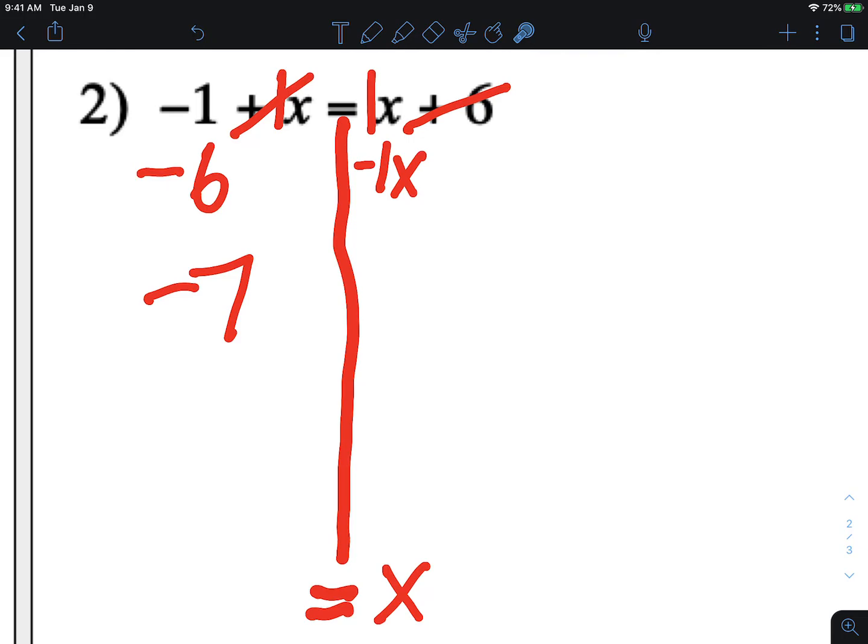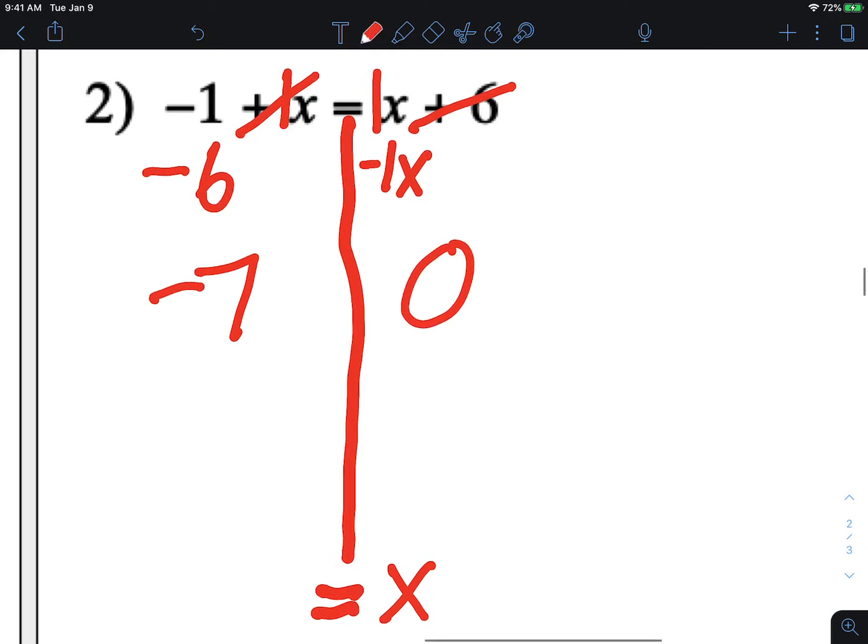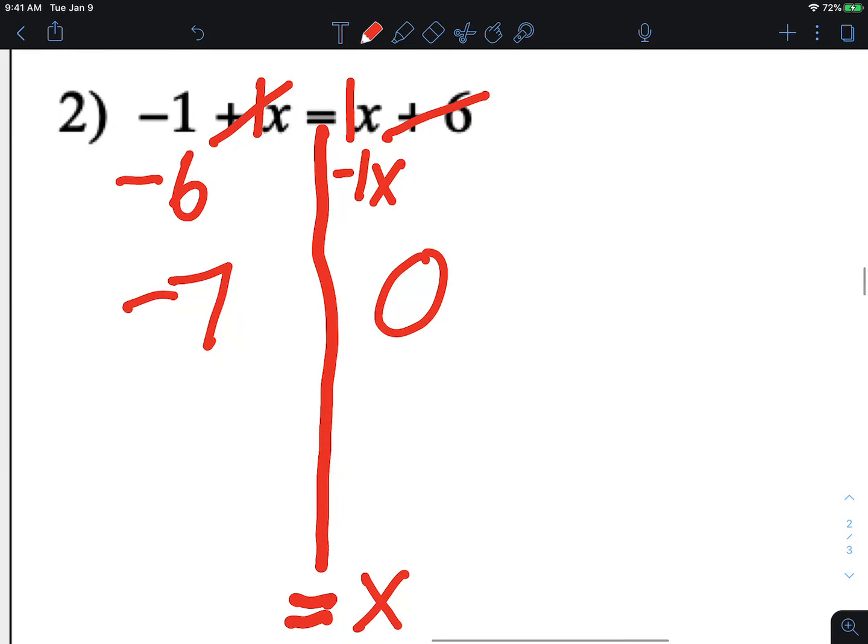And on this side here, I have 1x minus 1x. Well, 1 minus 1 is 0, right?